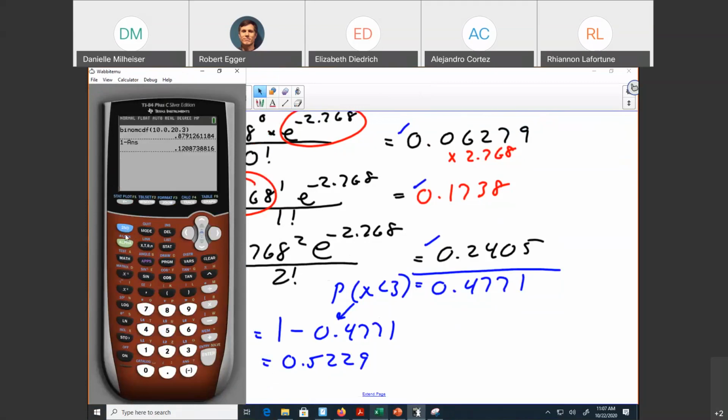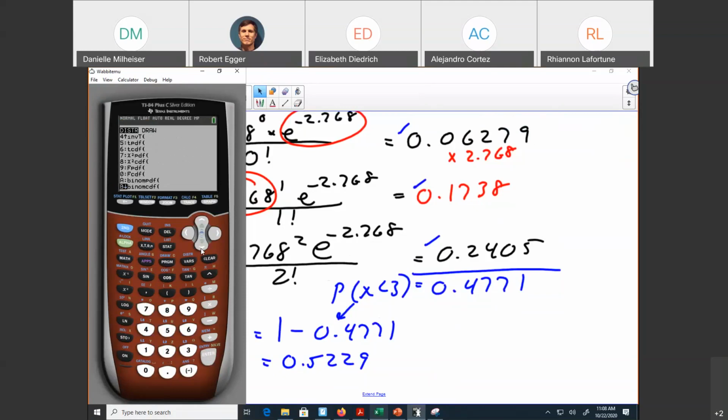Now let's do the binomial distribution. I'm sorry, Poisson. Let's do it for 1. Lambda, just another way of saying the mean. 2.768, 0, and 0.06279. All right, right again.